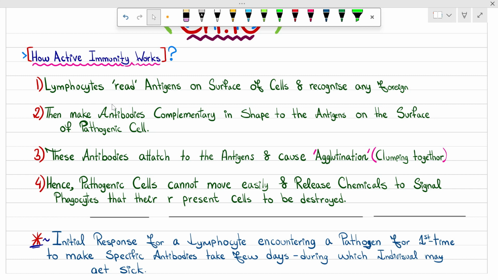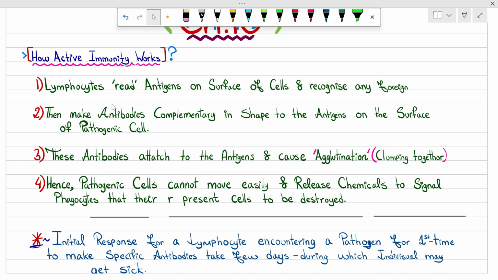As soon as a lymphocyte identifies any foreign antigen, it's going to make antibodies complementary in shape to that antigen on the surface of the pathogenic cell.